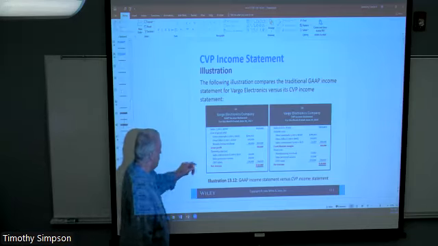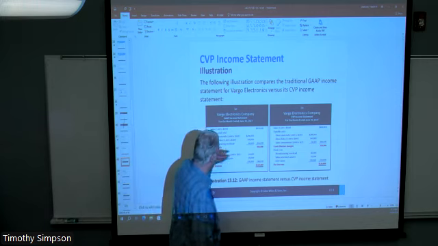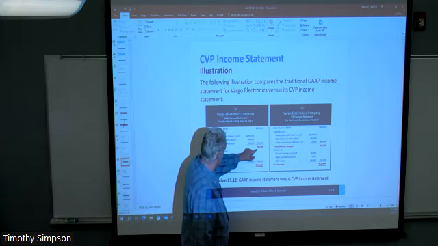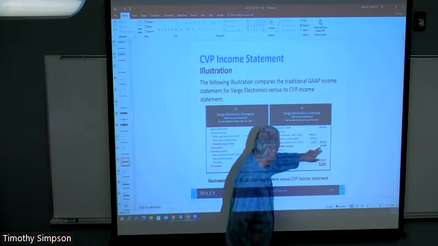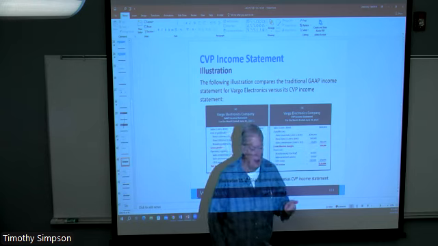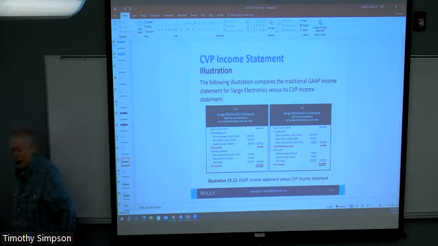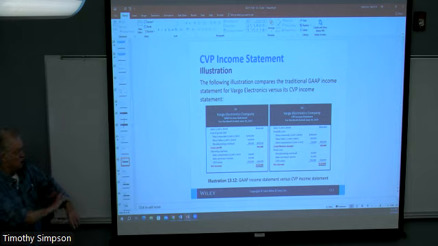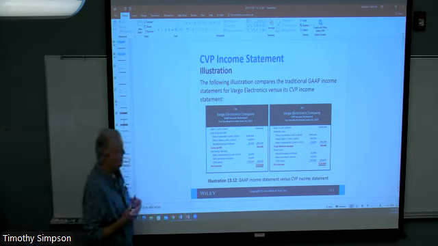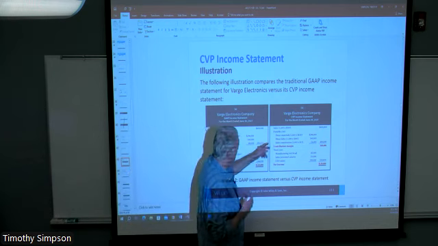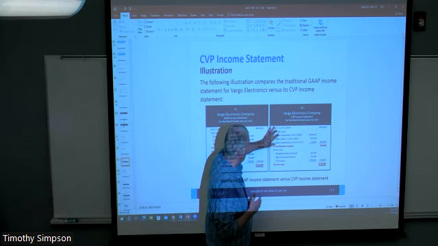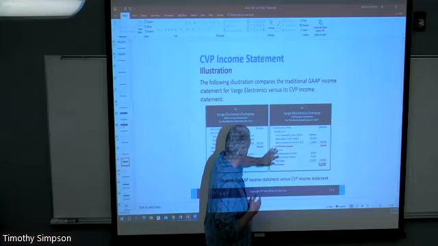And one thing I want to sort of point your eyes to is the idea of gross profit here on the GAAP statement is 304, and contribution margin is 320. They're not the same. Contribution margin and gross profit, they look a lot alike. In fact, a lot of people confuse them as being the same thing, but they're really not the same thing. And the reason they're not the same thing is because whatever kind of overhead and whatever, all we're really doing here is we're simply separating variable costs from fixed.